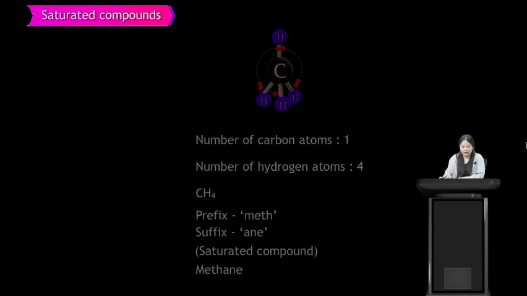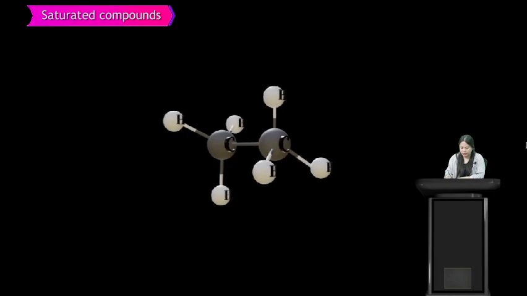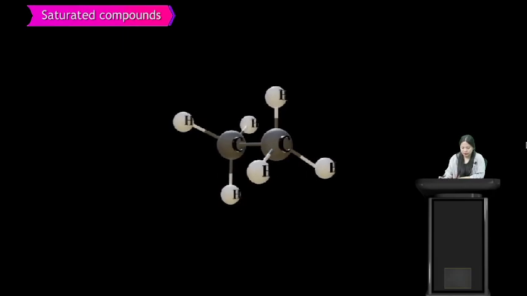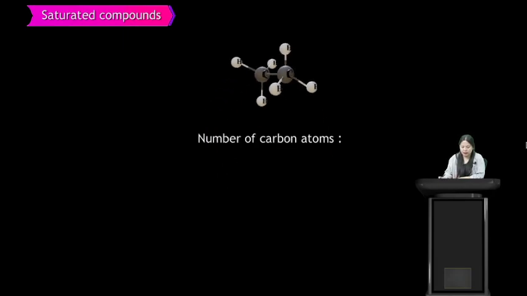Okay, let us see another example. We have here another compound. In this compound the number of carbon atoms is 2 and the number of hydrogen atoms is 6. So the chemical formula of this compound will be C2H6.